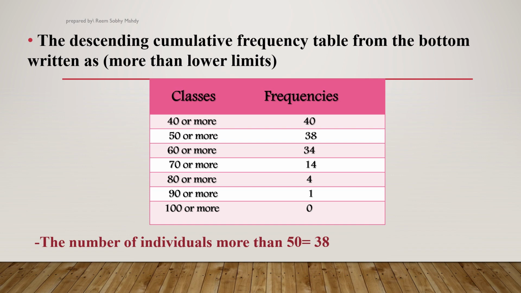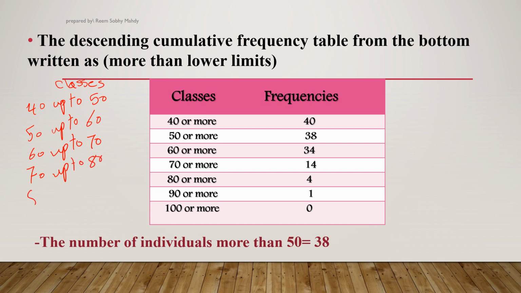And again, our classes are 40 up to 50, 50 up to 60, 60 up to 70, 70 up to 80, 80 up to 90, and 90 up to 100.